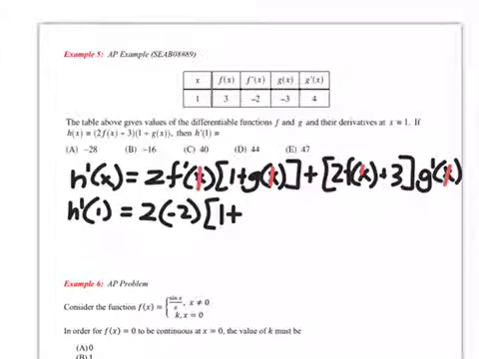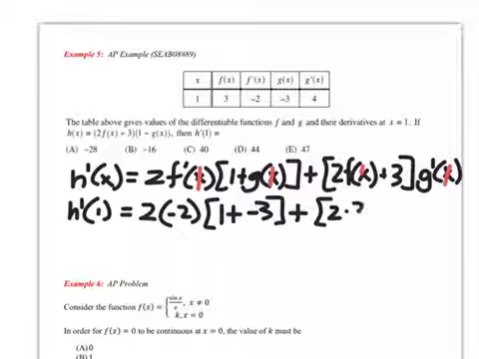G of 1 is negative 3, plus 2 times f of 1, so 2 times 3, plus 3 times g prime of 1, g prime of 1 is 4.